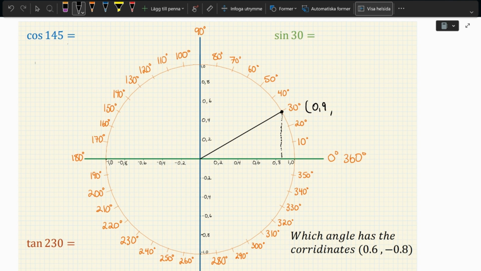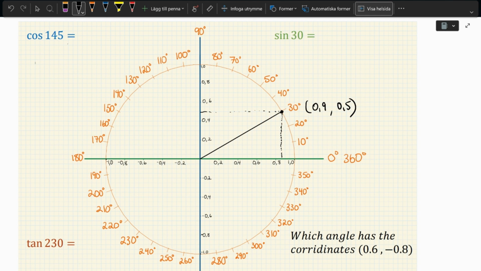And we can also say that there's a y value as well. If we go along the y-axis, we see that it's about 0.5. So we have an x value and a y value, and this is going to help us determine the sine of this angle.